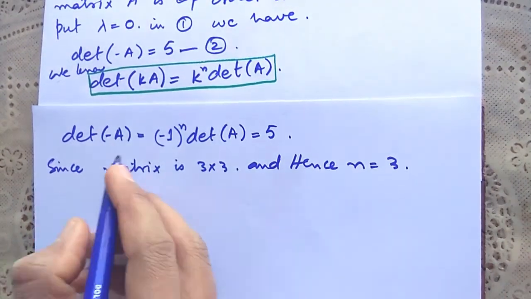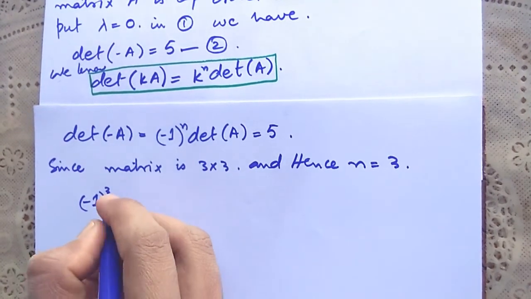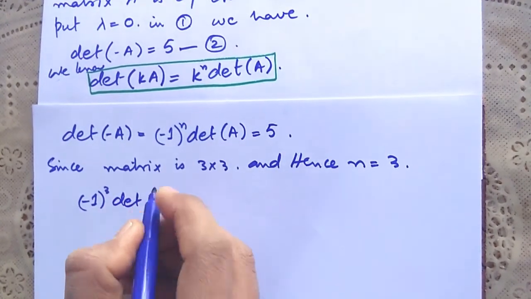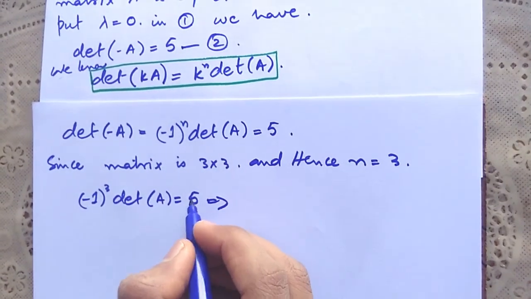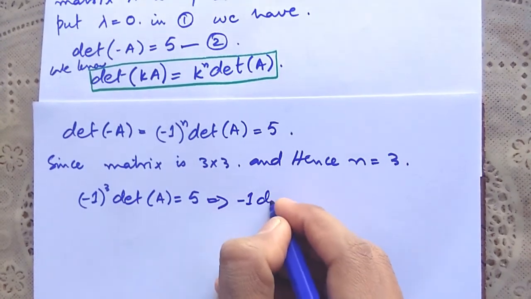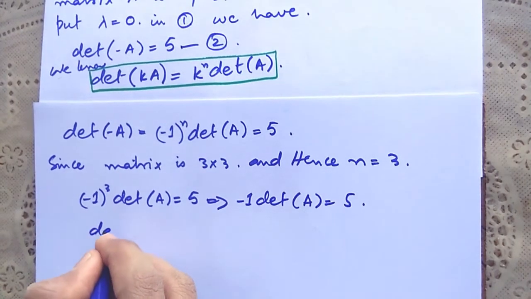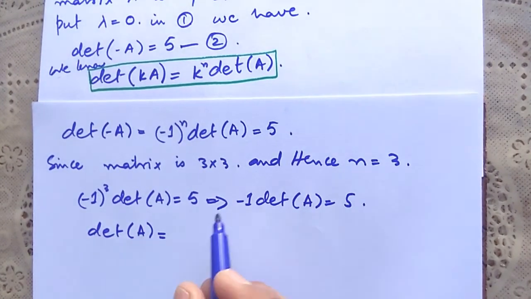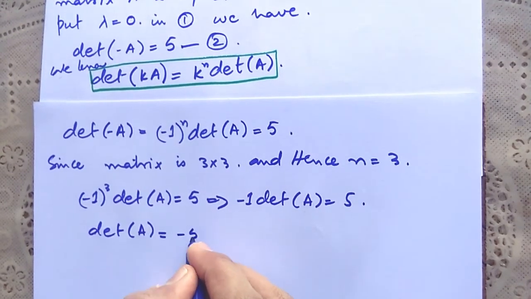So it becomes minus 1 power 3 times determinant of A is equal to 5. And you know minus 1 whole cube is equal to minus 1. So minus 1 times determinant of A is equal to 5. When we multiply by minus 1 on both sides, we have determinant of A is equal to minus 5.